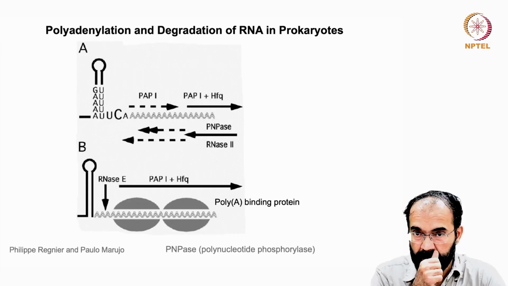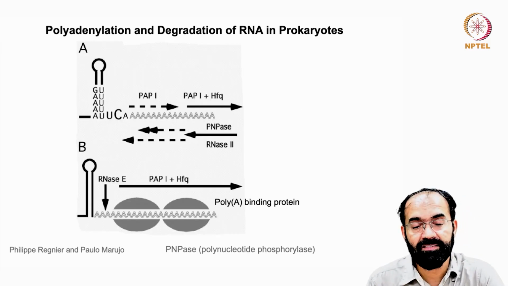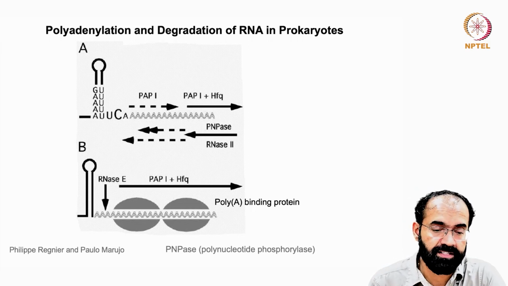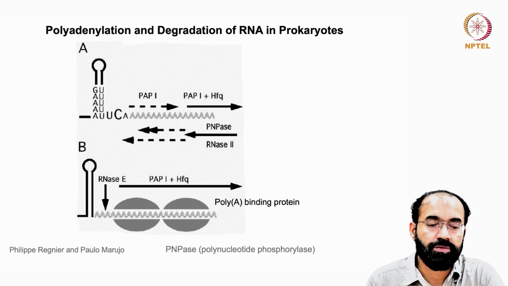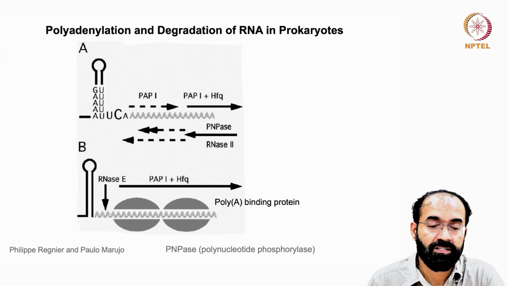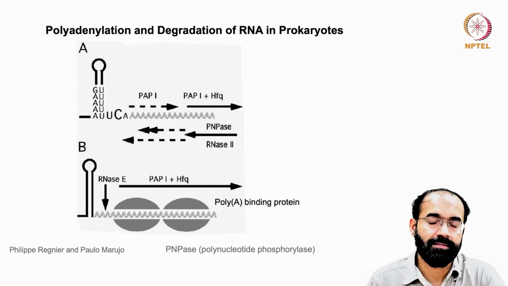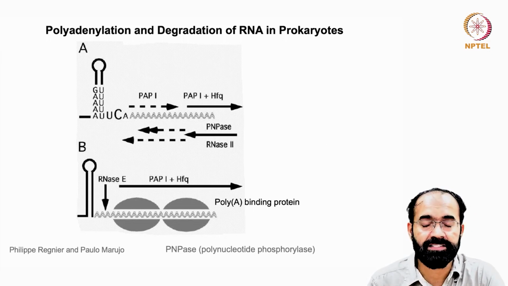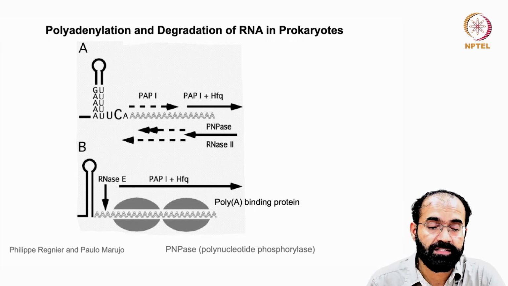Now let us see how effectively polyadenylation works in prokaryotes. It's quite interesting. Two scenarios are there. In one scenario, in bacteria also you have poly A polymerase 1, which is a weak enzyme adding the poly A tail to the RNA, as you can see here, the dotted arrow.